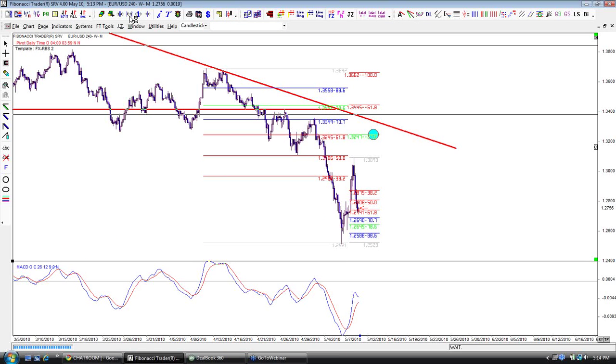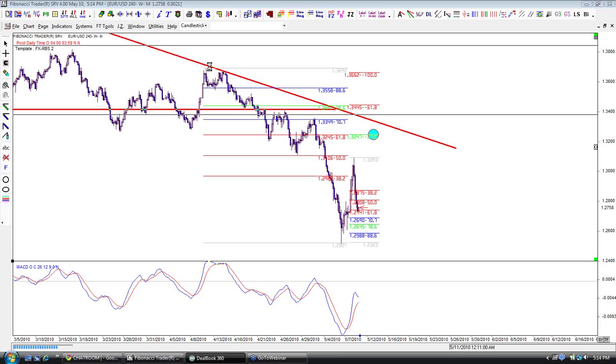And for example, what we see here is a 4-hour euro-dollar chart. We see price in a downtrend.